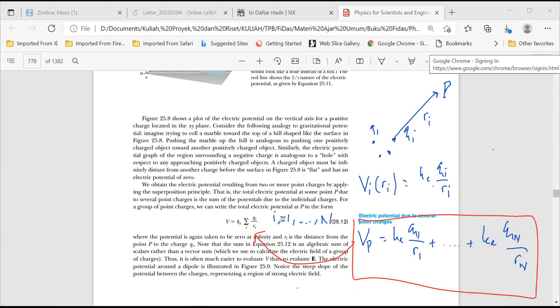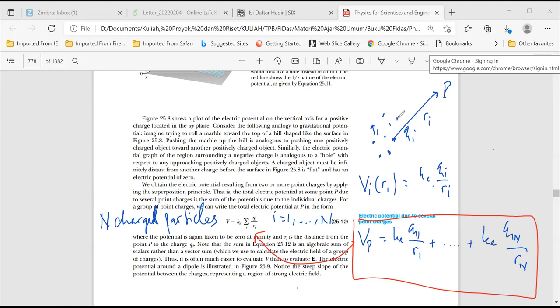This i here goes from 1 to capital N. So we have N electric charge particles, like this. There are so many. So i from 1 to capital N.